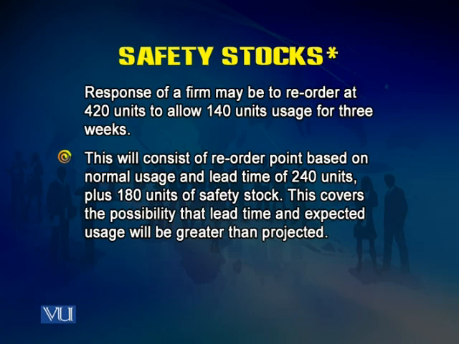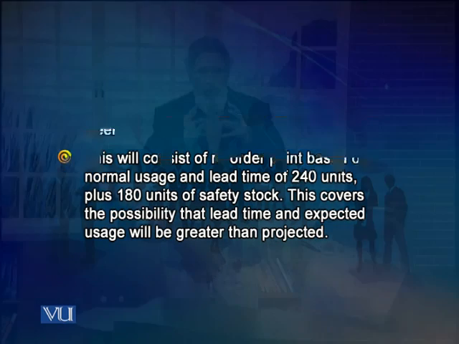This covers the possibility that lead time and expected usage will be greater than projected. So one example of safety stock will be that you are going to use for your lead time. If you have lead time of 2 weeks, you can assume that there could be a lead time of 3 weeks. You can assume that the consumption can increase to 140.